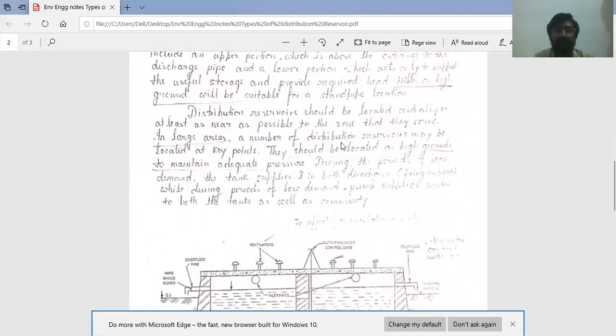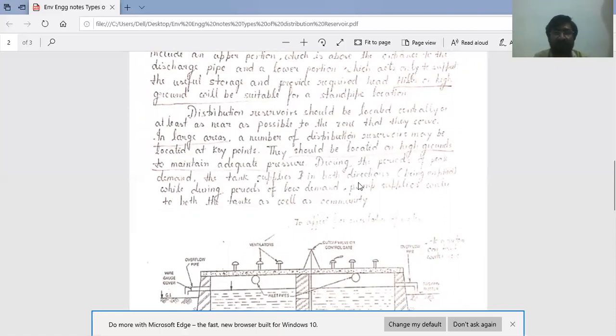Now distribution reservoir should be located centrally or at least as near as possible to the zone that they serve. In large areas, a number of distribution reservoirs may be located at key points. They should be located at high grounds to maintain adequate pressure. We require a pressure or high head, so they are located at high grounds.